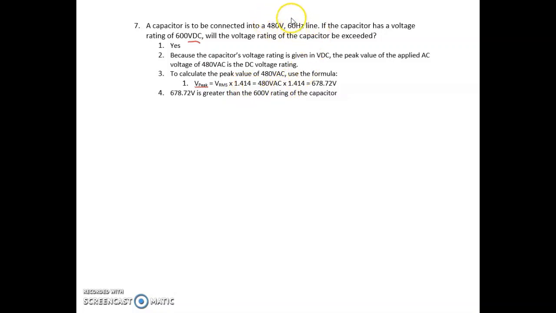And if we plug in the values, we get the peak value is 678.7 volts. That 678 is greater than the 600 volt DC rating of the capacitor. So yes, the voltage rating will be exceeded.